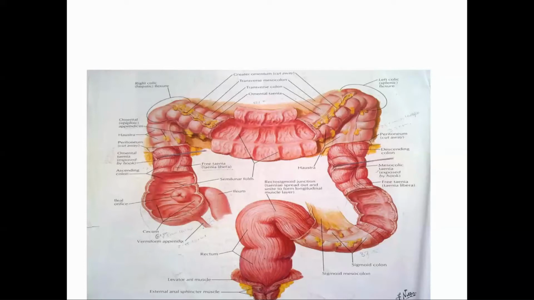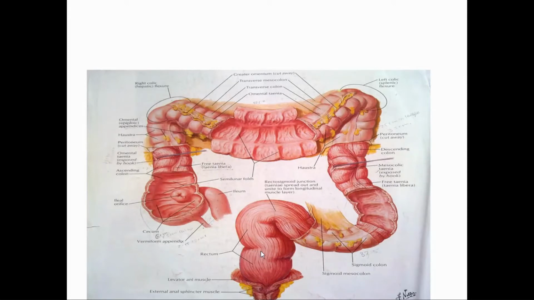What are the subdivisions of the Taenia coli? They are Taenia libera, omentalis, and Taenia mesocolica. And these Taenia coli are absent in the vermiform appendix and the rectum and anal canal.